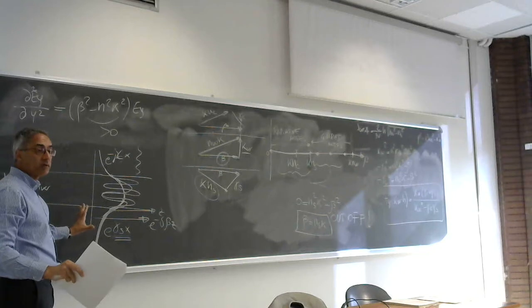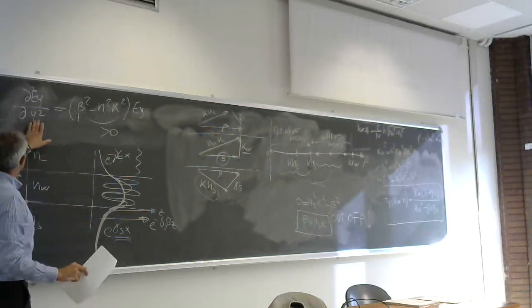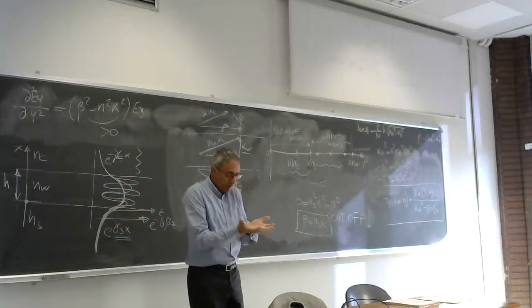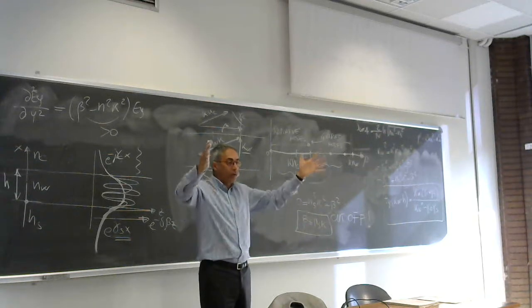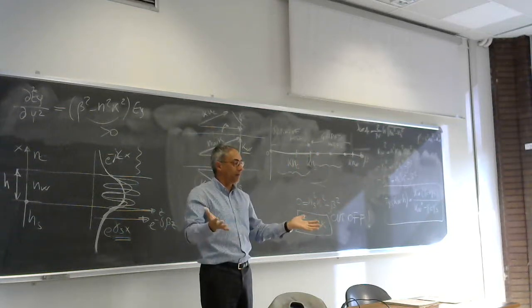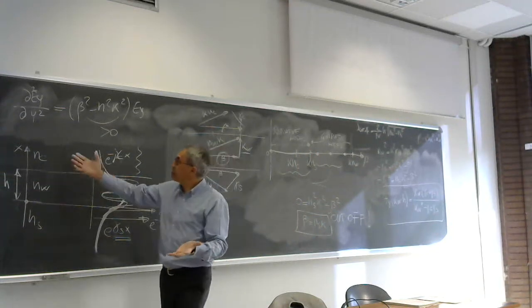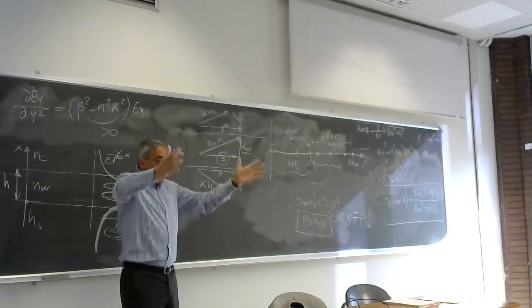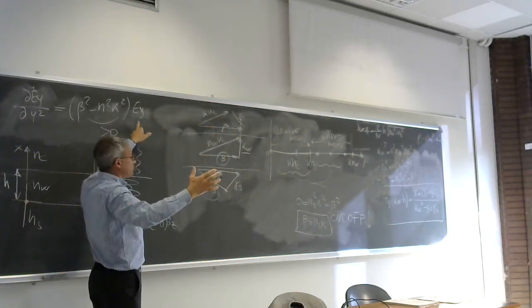It's always positive. But this is the second derivative, so it's a paraboloid, no? It gives you the curvature of the field. So if the second derivative is positive, it means that also this one is positive.